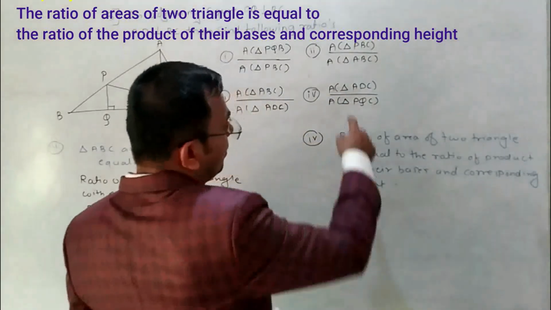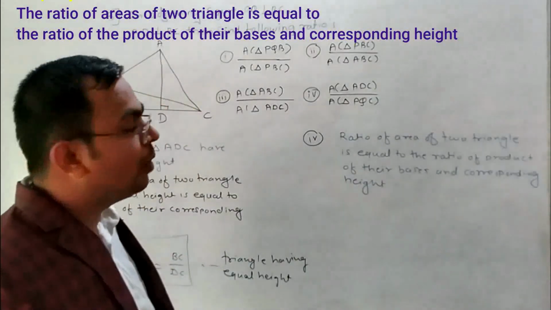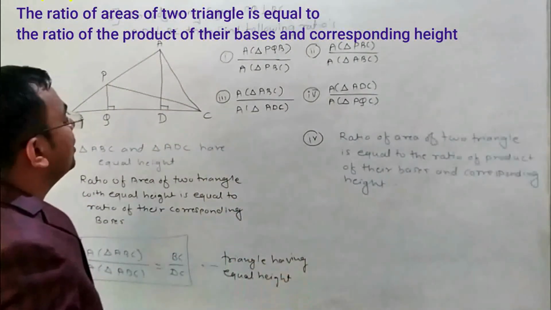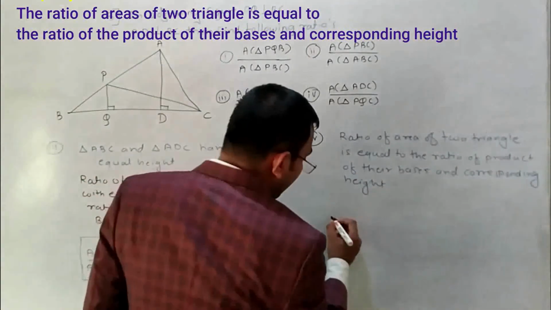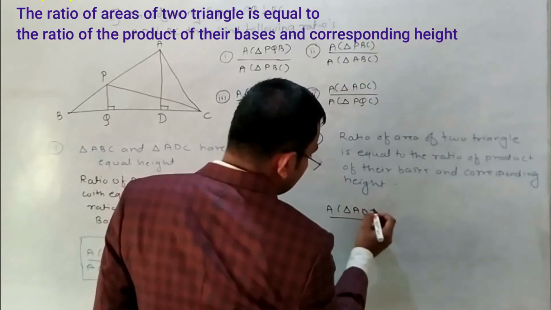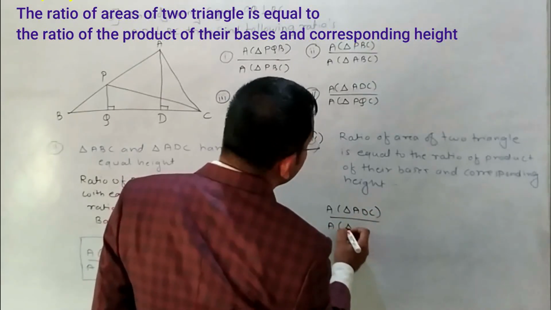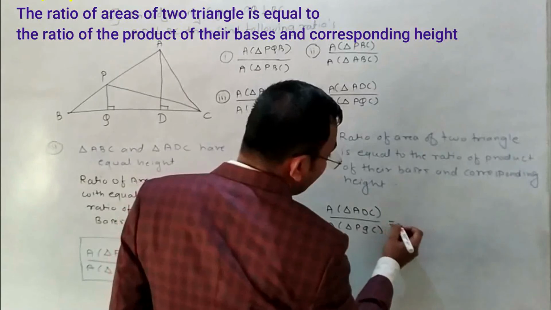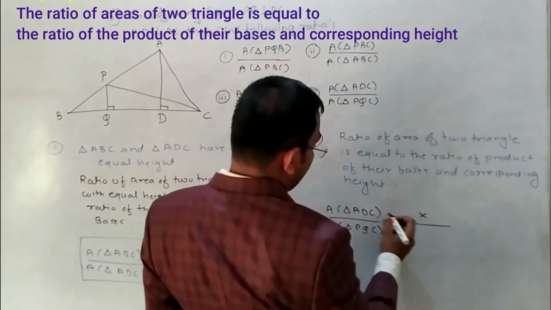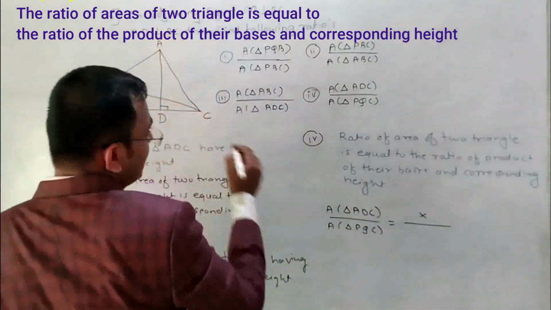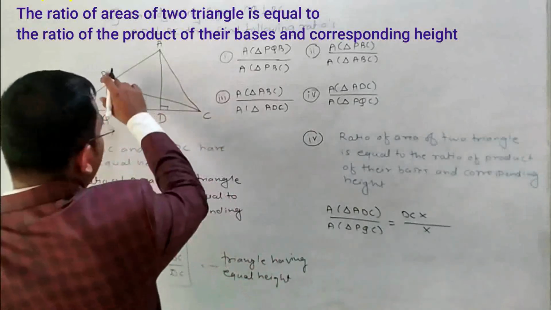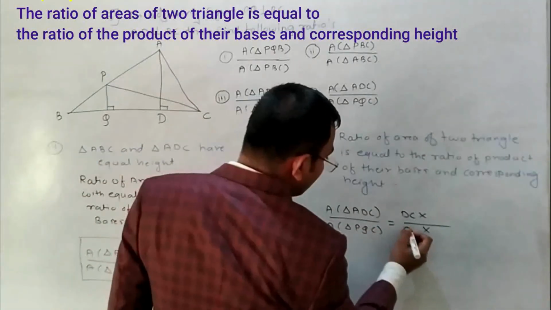Here because triangle ADC and triangle PQC don't have any common thing, therefore their ratio is equal to the ratio of the product of their bases and corresponding height. ADC has base DC and PQC has base QC.